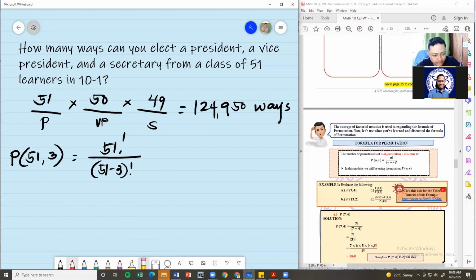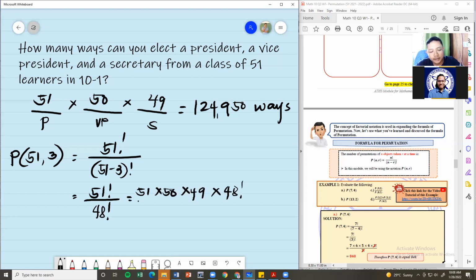So therefore, this is equal to 51 factorial over 51 minus 3, that's 48. Tama ba? Yeah, 48 factorial. So, by its solution, 51 times 50 times 49 times 48 factorial over 48 factorial.